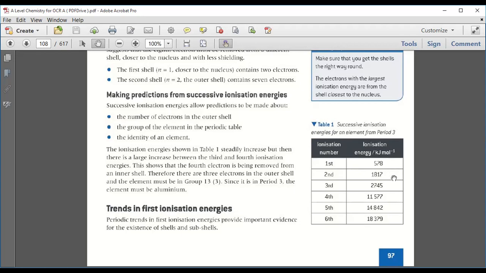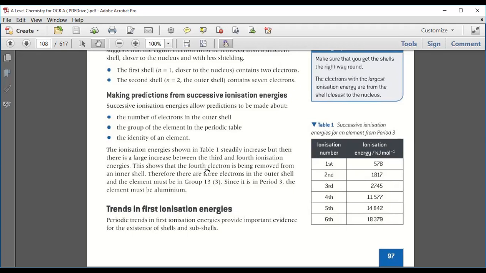Now from that, what do you conclude? That there is a big jump between the third and the fourth. It means these 3 electrons are of the valence part, and the rest are not of the valence part. So the ionization energy shown in table 1 steadily increases, but there is a big increment between the third and the fourth ionization energy.